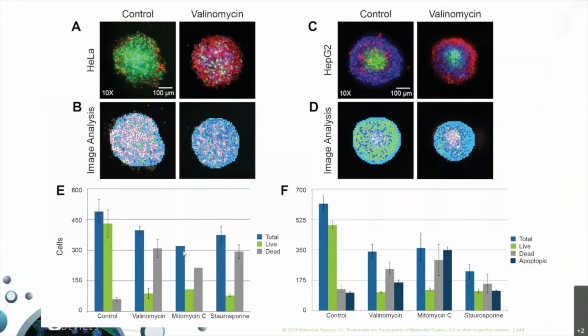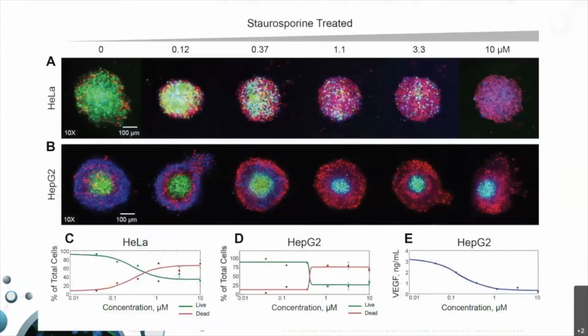So here you can see a diagram presentation of the number of different cell types after treatment with various drugs. You can also see nice concentration response with different drugs. Here you can see this staurosporine response for HeLa cells or HepG2.